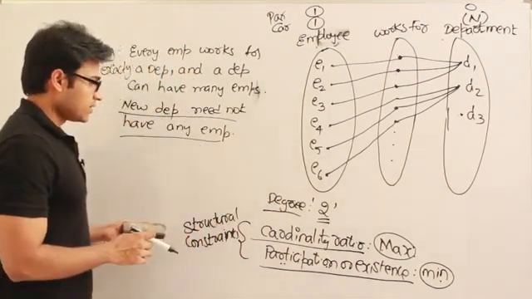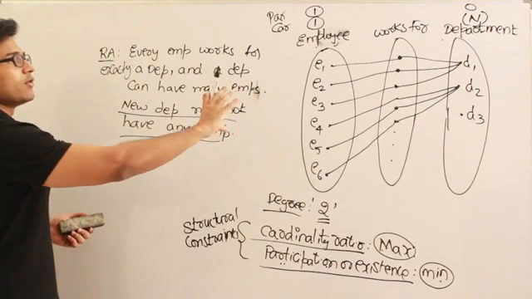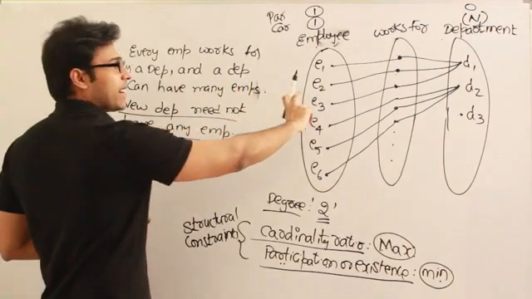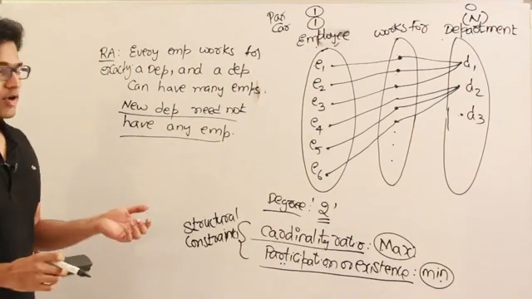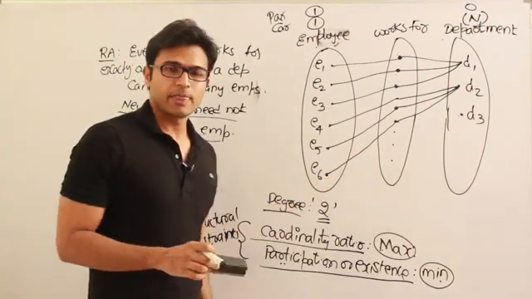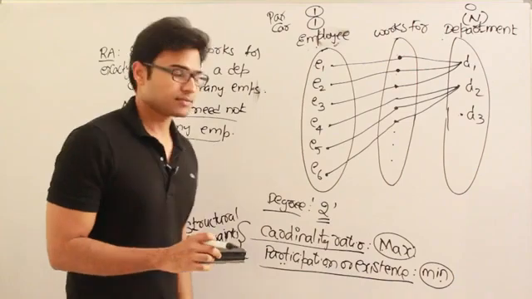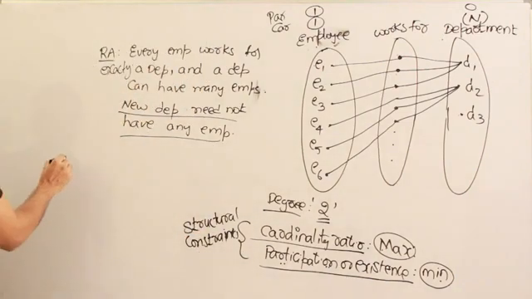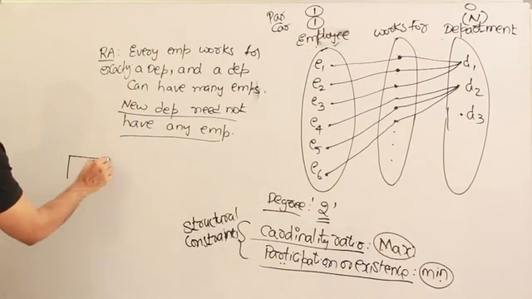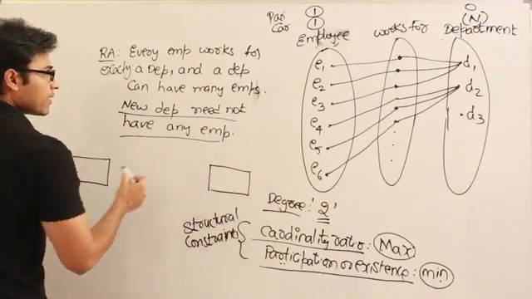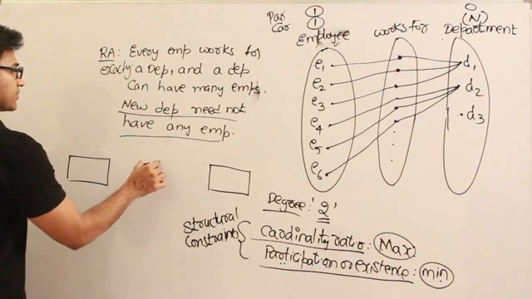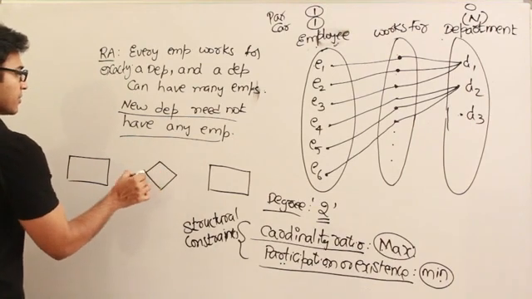Now this is all about the entity type and entity set representation. But coming to ER diagrams, we are not going to use these sets. We use completely different representations. Generally, entities are represented by rectangles and relationships are represented by diamonds.